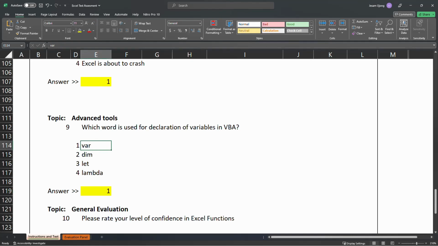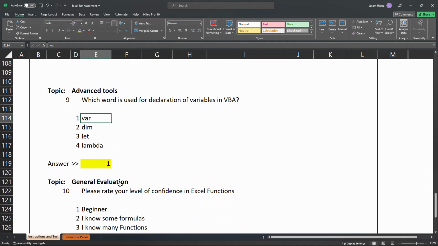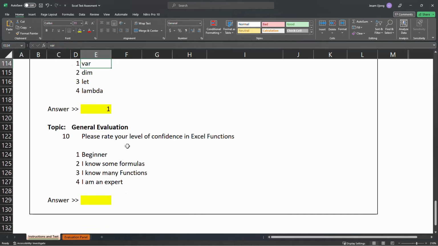I'm just saying, if you encounter an exam like this where they ask the question and you don't know it, you could just use common sense. Declarations of variables, and you see variables spelled VARIABLE, and then you see VAR. This is a good option to go for.